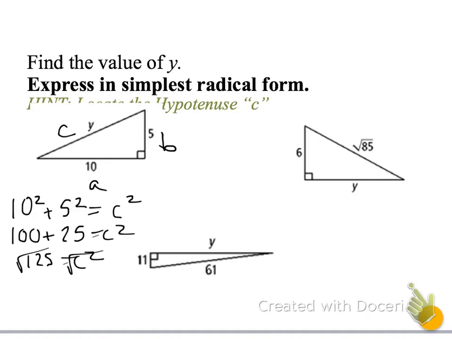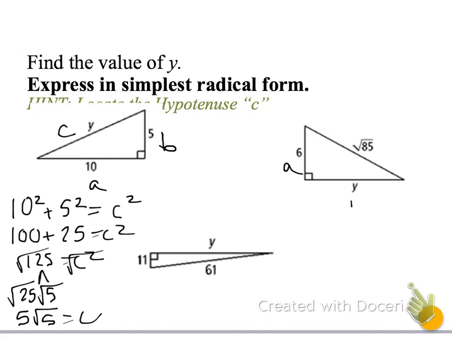You've got to square root both sides to get rid of the squared. We're going to simplify this radical. Let's break down the radical. Let's think of something that we could take the square root of. We could take the square root of 25, because 25 times 5 gives me 125. So we can break it down like that, and the square root of 25 is 5. So my answer to C is going to be 5 square root 5.